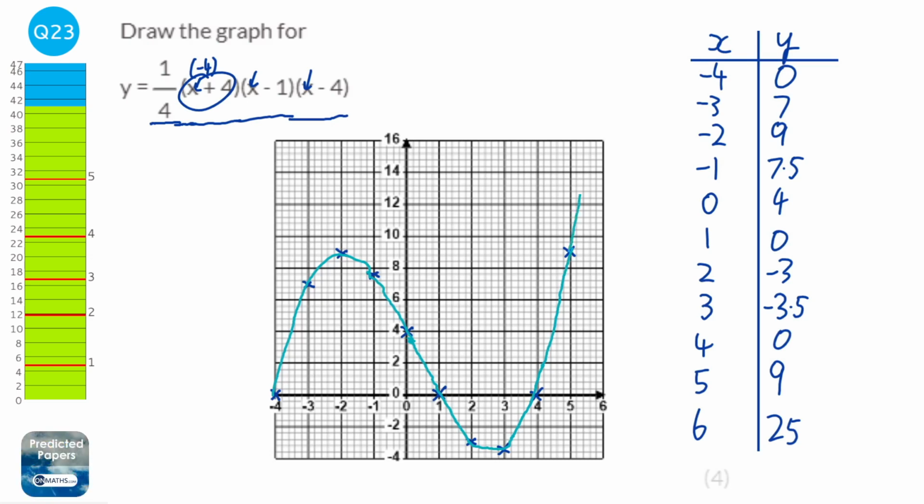And then we know it shoots up from here. Now, that doesn't look the best curve in the world, but as an examiner, what am I looking at? I'm looking at the fact that it goes through all the points, which it does. I'm looking at the fact that there's no obvious gaps, which there isn't. It stops here, but it goes off the top of the graph here, so that's fine.